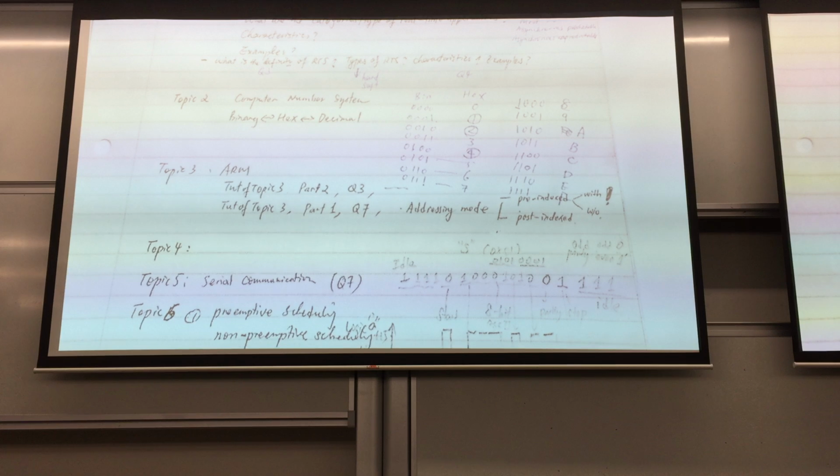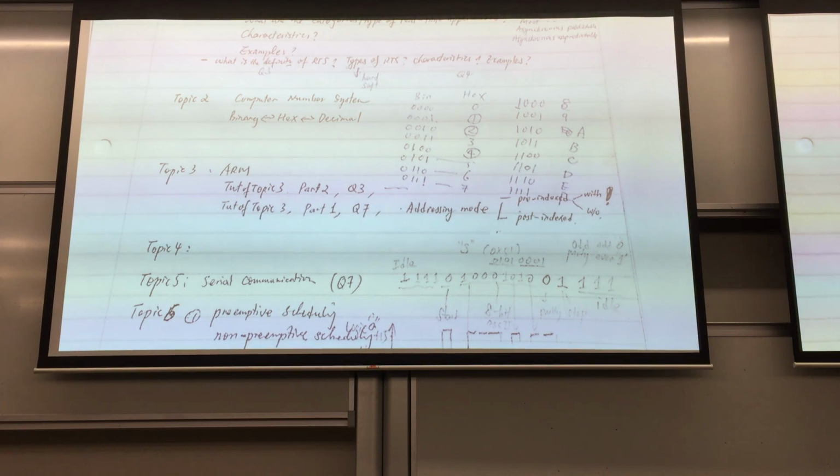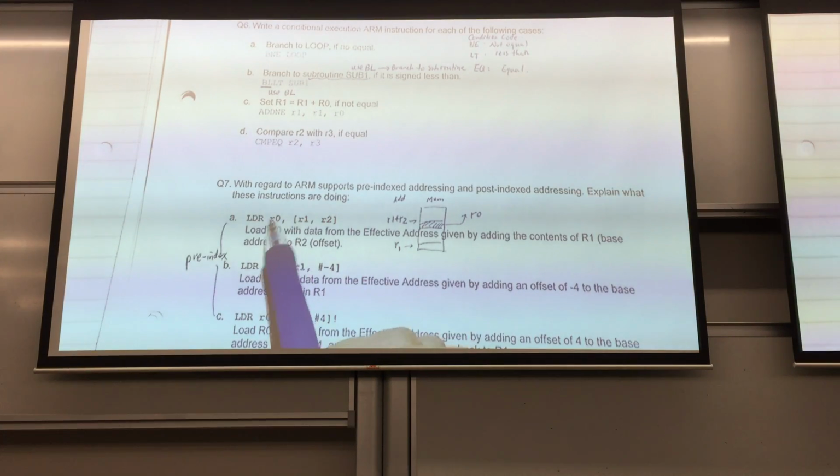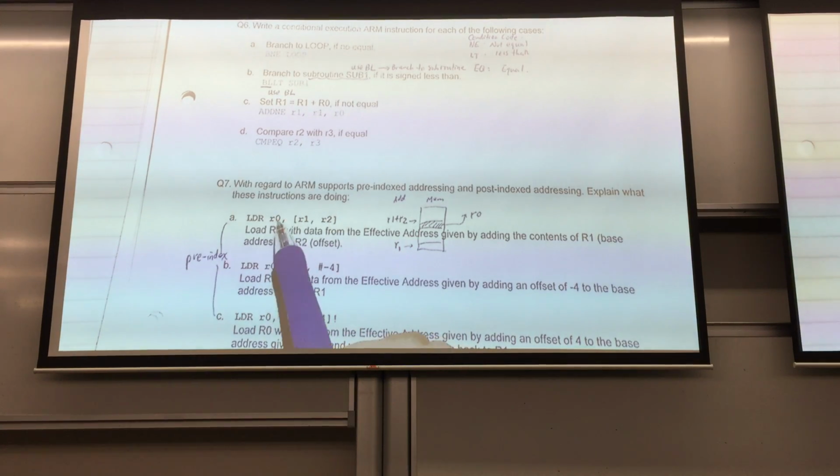This is the difference. If I give you some registers, and their addresses and the contents at the addresses, you should be able to work it out. Anything with a bracket means the content.